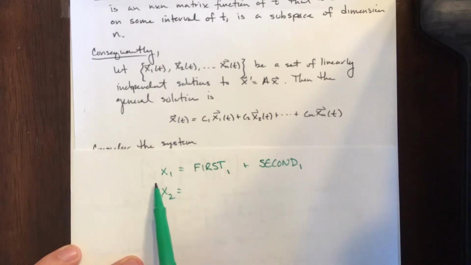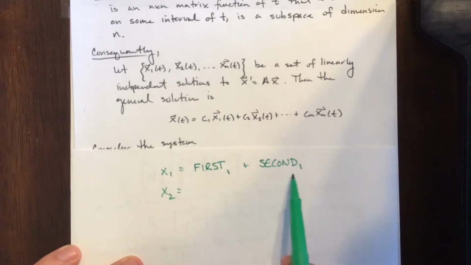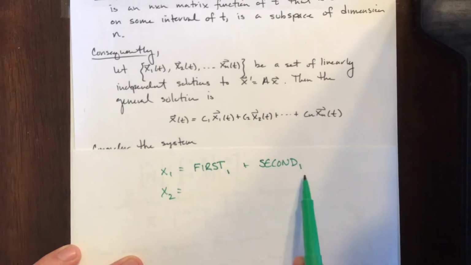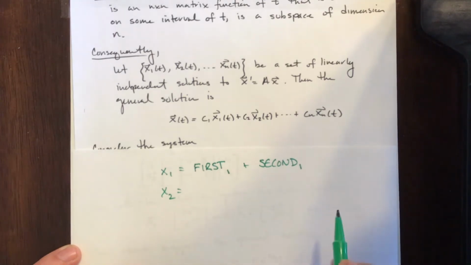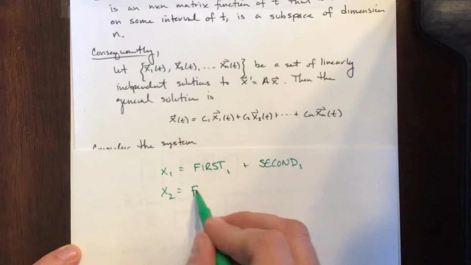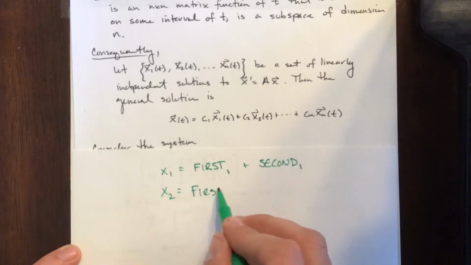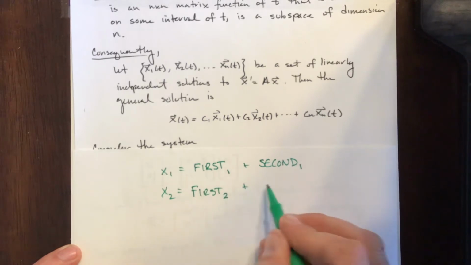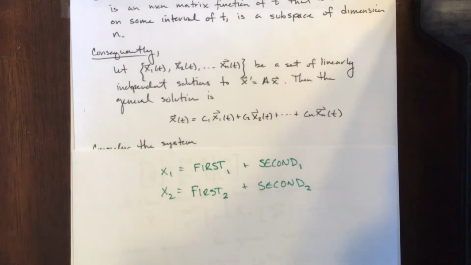So the first solution, the first unknown function, has kind of like a first name plus a last name. The subscripts here are notating the first component of the first solution and the second component of the first solution. And the second solution is going to have a first component, think of it like a first name, and a second component, think of it like a last name.